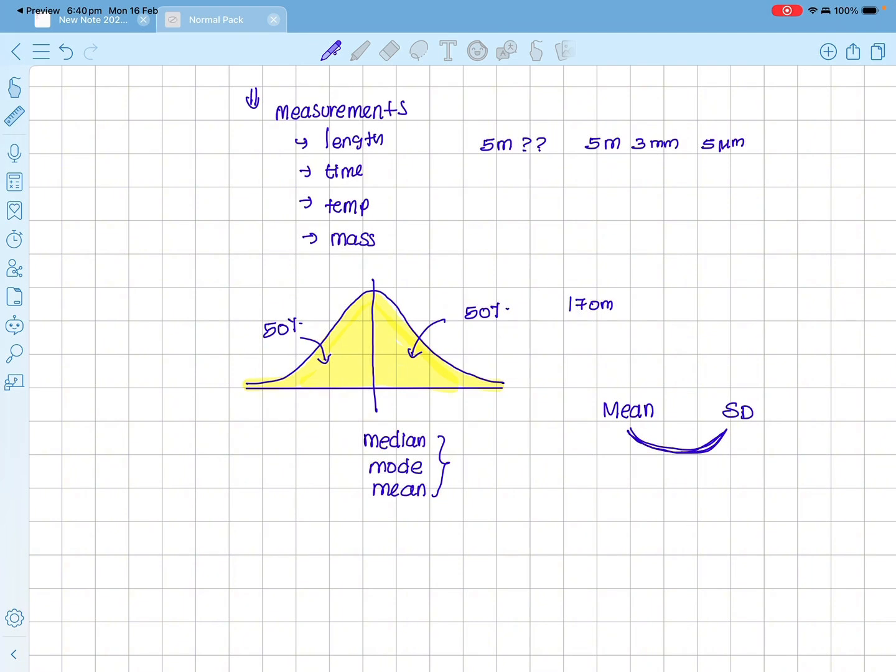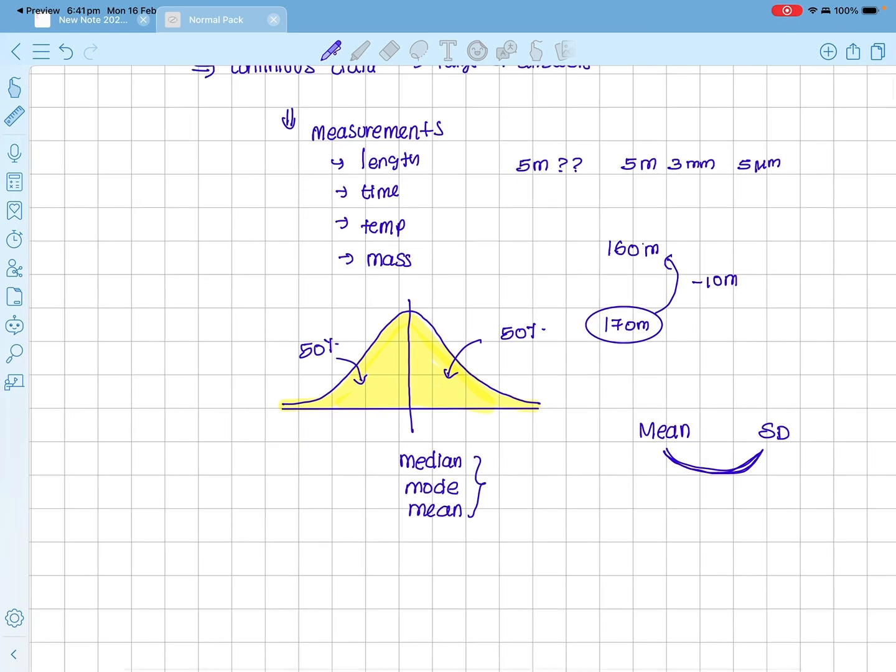So if the mean height in a class is 170, and a person in the class is 160 centimeters, that person is 10 centimeters less than the average.